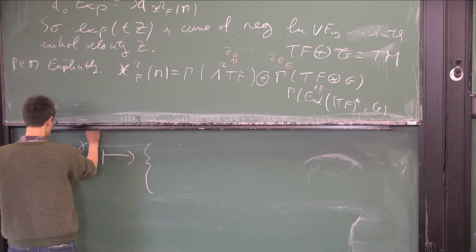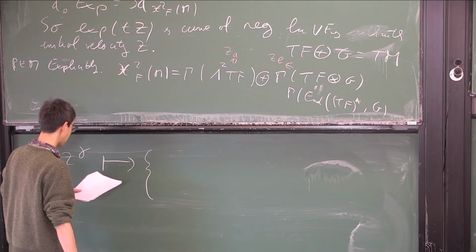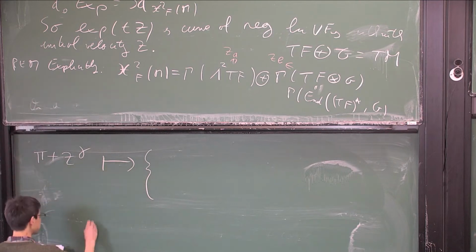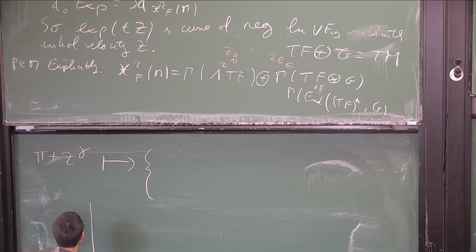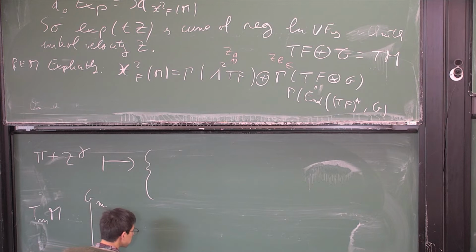So the distribution is the following, and I'll try to make a drawing at the same time. This is a drawing of TM at some point, some tangent space. Here I have the G part, here I have the tangent space to the leaf.